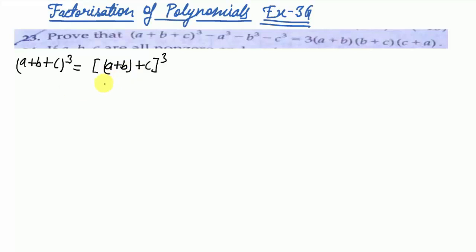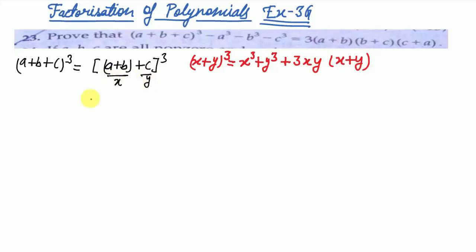And now we apply the formula (x plus y) whole cube equals x cube plus y cube plus 3xy into (x plus y). This is x and this is y. So (a plus b) whole cube plus c cube plus 3 into (a plus b) into c into (x plus y).